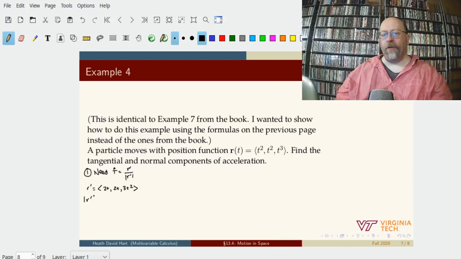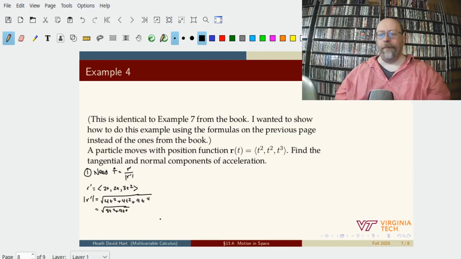The magnitude of that vector is the square root of 4t squared plus 4t squared plus 9t to the fourth, which is the square root of 8t squared plus 9t to the fourth. All right?